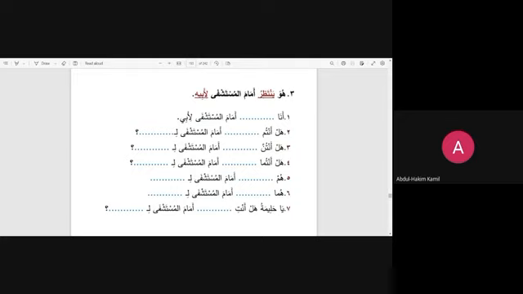Again, هل أنتن تنتظرن أمام المستشفى لأبيكن.